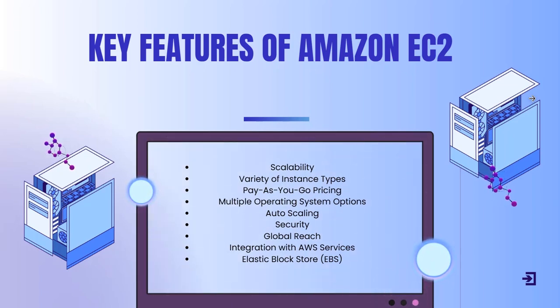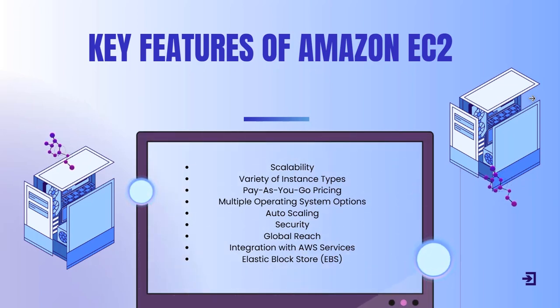EC2 instances can be secured using the virtual private cloud, or VPC, with security groups, or in other words firewalls. There is also a secure way of accessing these EC2 instances, like using SSH, like I said earlier, or RDP if the OS the instance has is Windows.